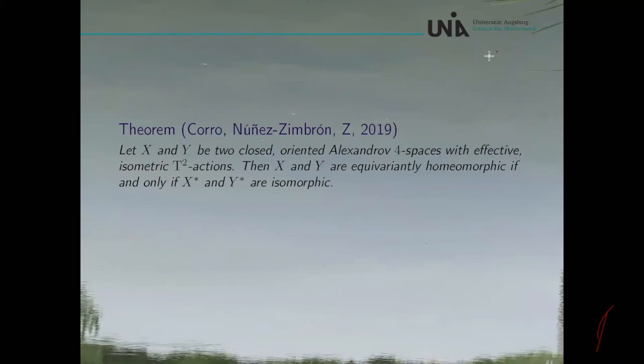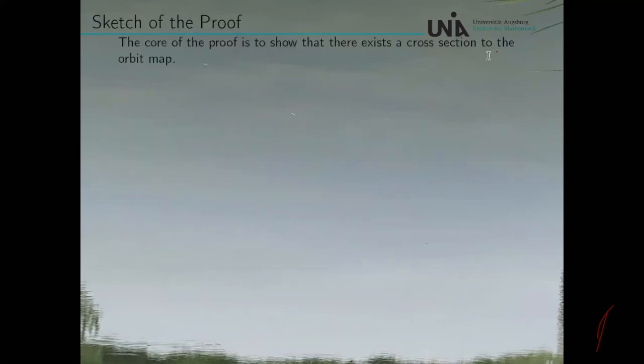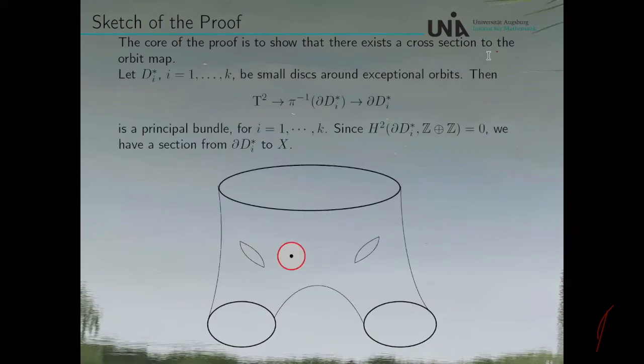It's clear that if X and Y are equivariantly homeomorphic, X star and Y star are isomorphic. The problem is the converse. If X star and Y star are isomorphic, we want to show that X and Y are equivariantly homeomorphic. The main idea of the proof is to show that there exists a cross-section to the orbit map. And to show that, there are several steps.